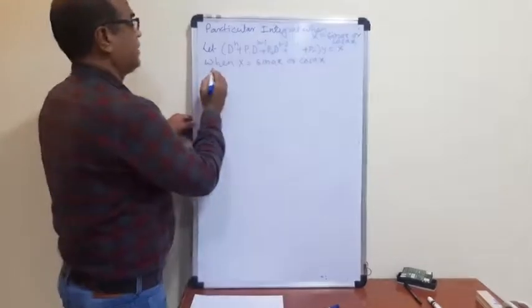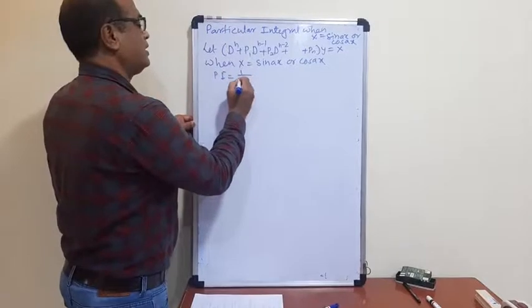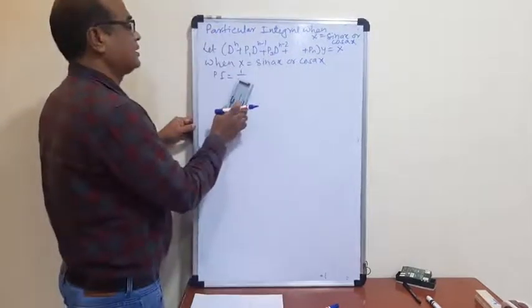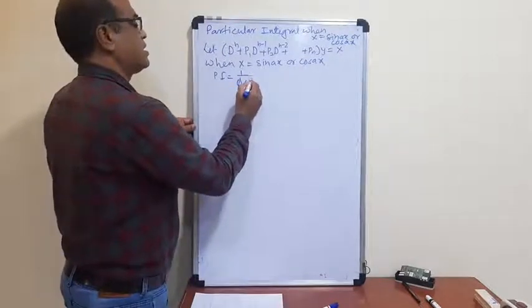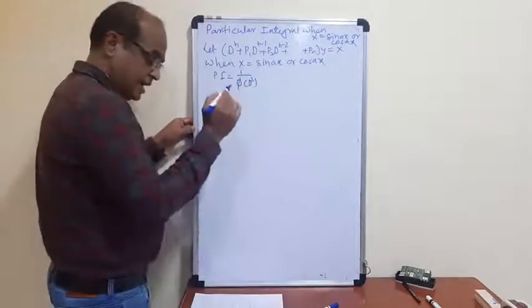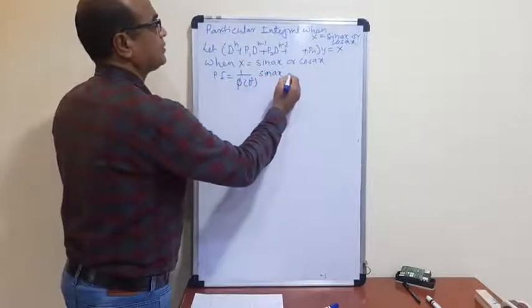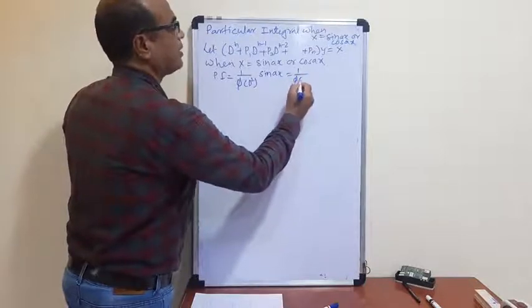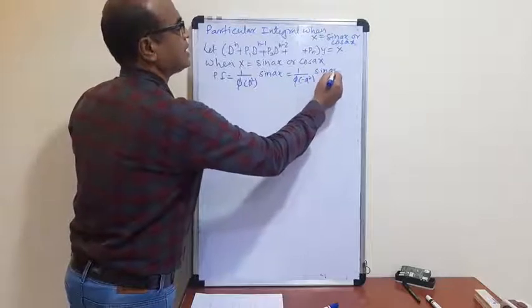So the particular integral is PI equal to 1 upon f of d, so just write phi of d square, sin ax is equal to 1 upon phi of minus a square, sin ax.